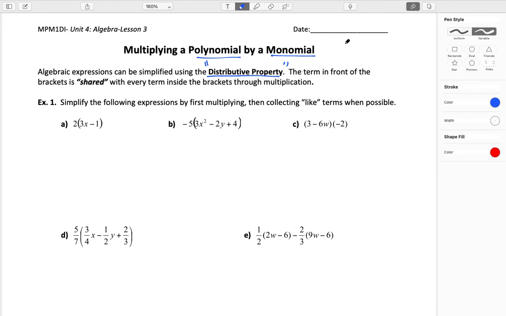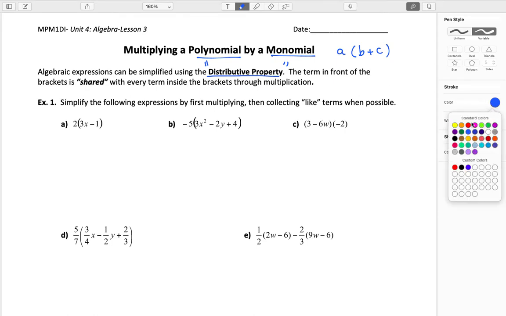So think of it this way. Let's say you have A and then B plus C. Think of the bracket like a house. B and C are inside the house and A is outside the house. When you go in the house, obviously you want to handshake everyone in the house, to greet everyone.